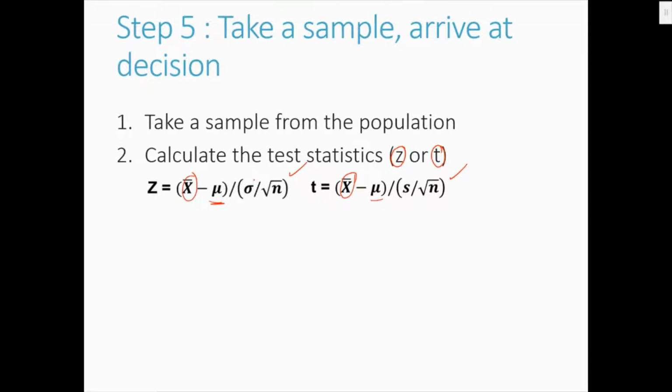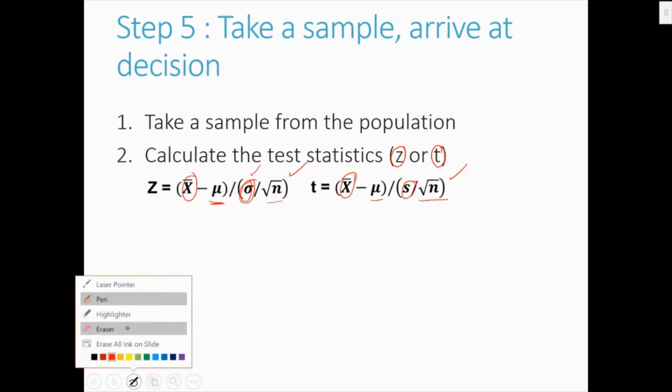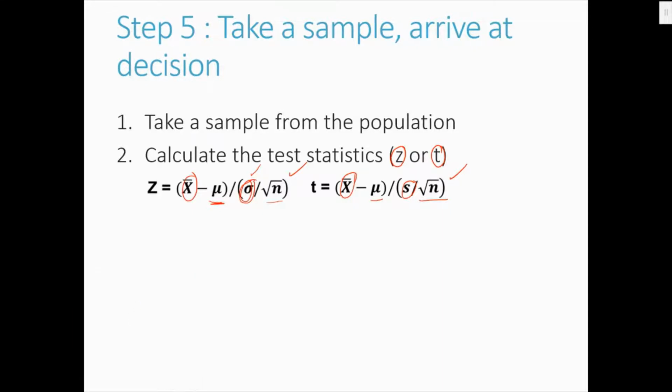divided by sigma if you have the standard deviation of the population, or S if you have the standard deviation of your sample, instead of the population standard deviation sigma, divided by, for both formulas, the square root of your sample size, that's your n. As you can see, both formulas are very close to one another.